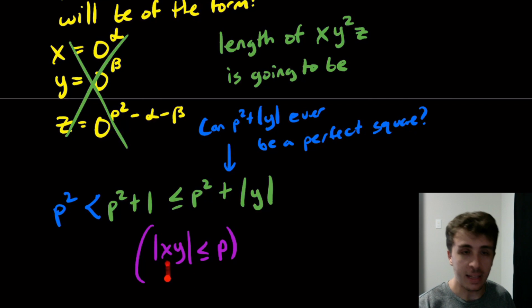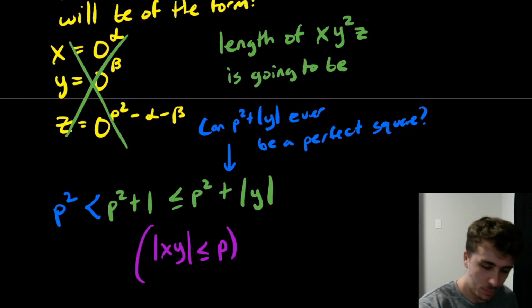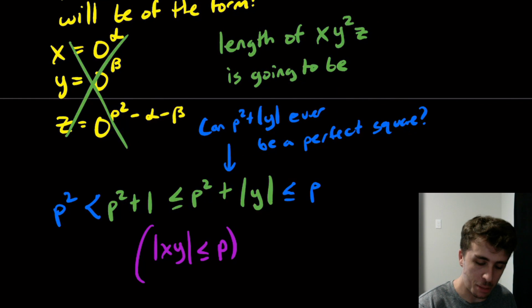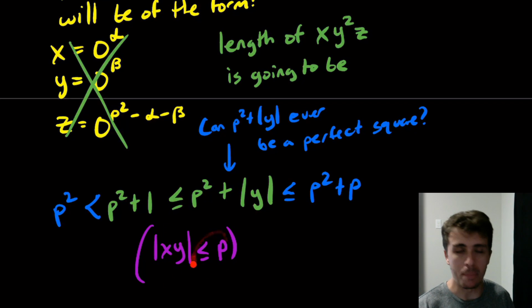Well, we know that the length of x could be 0, potentially, but that tells us that the length of y could never be bigger than p itself. So this tells us that this guy is at most p squared plus p, because x and y together are not bigger than p, so y itself can't be of length bigger than p.